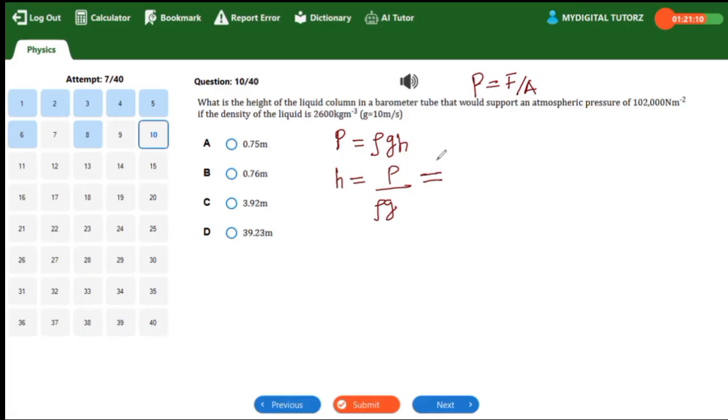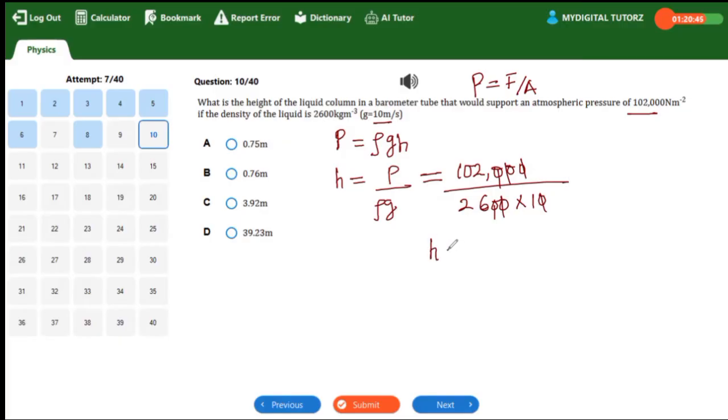Okay. So what is my pressure here? The value of the pressure is going to be 102,000, everything divided by the density, which is given to be 2,600 multiplied by g, that is a constant, 10. So this 0 cancels this 0, and this one cancels this.